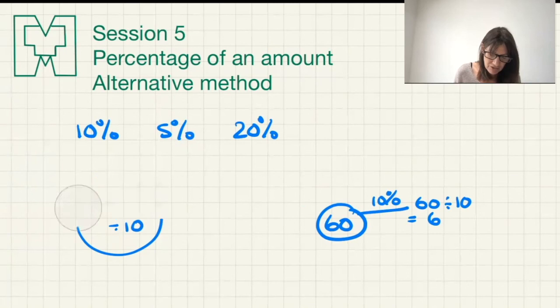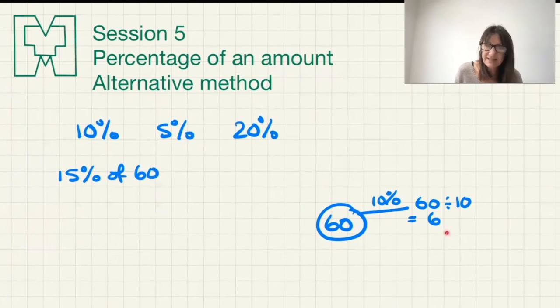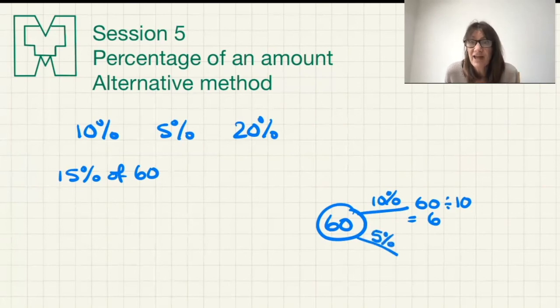But why did I choose to write it like that? The reason is that if I'd given myself the question 15% of 60, I would still start the exact same way. So the alternative method is all about 10%. You find 10% and then you manipulate it. So if 10% is 6, 5% is going to be half that.